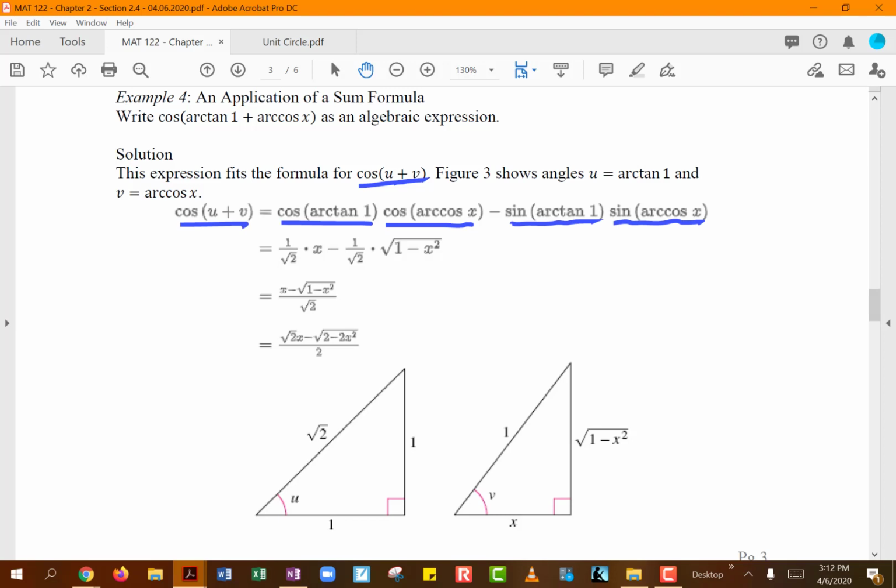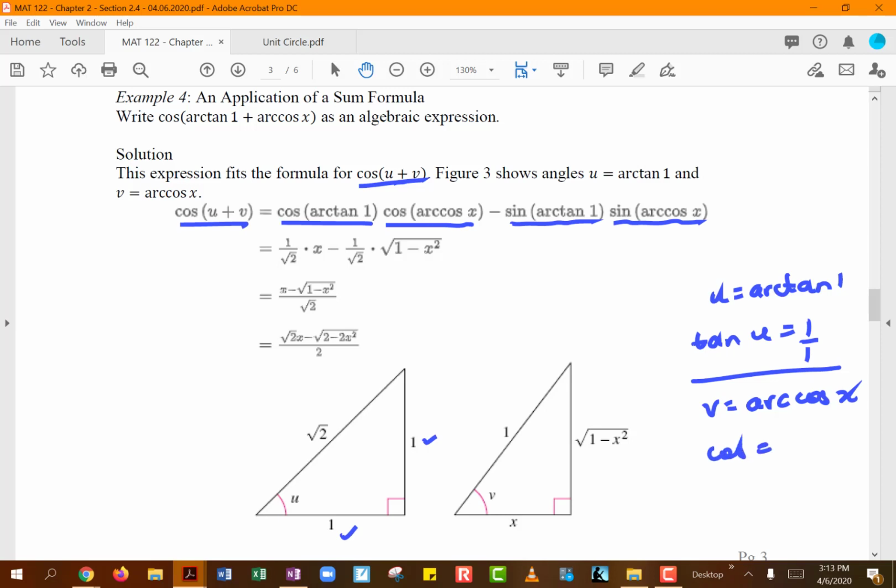remember, if we say u equals arctangent of 1, then that means tangent of u equals 1, which would be opposite over adjacent. And then if we say v equals arccosine of x, this will become cosine of v.